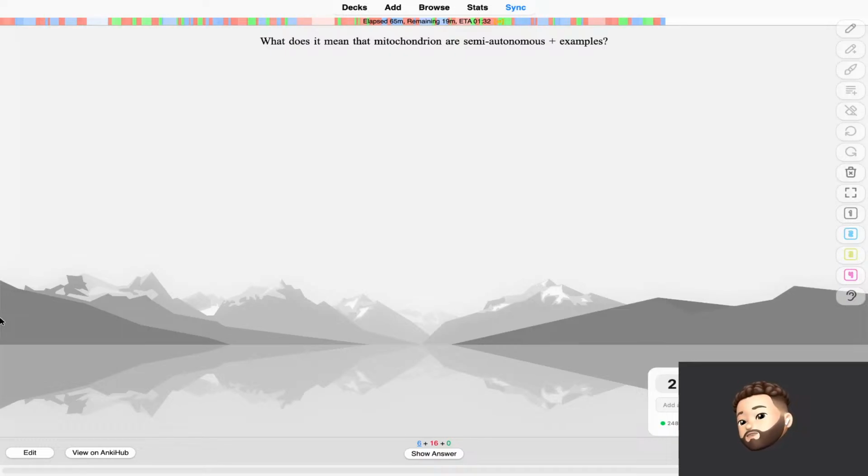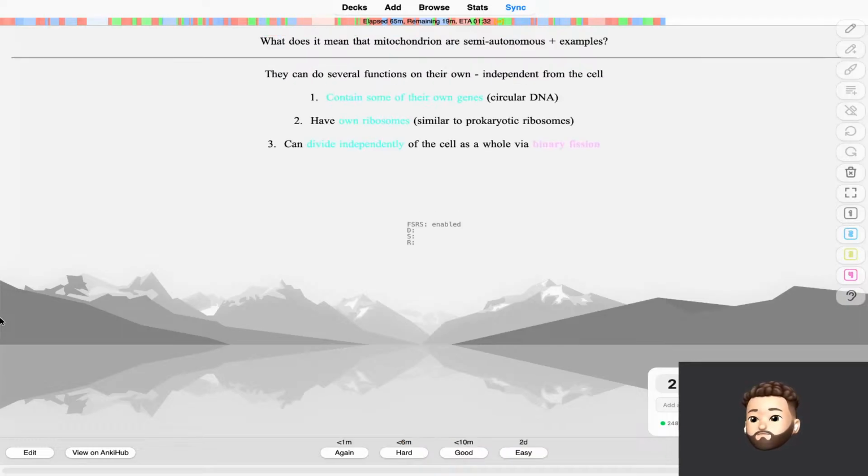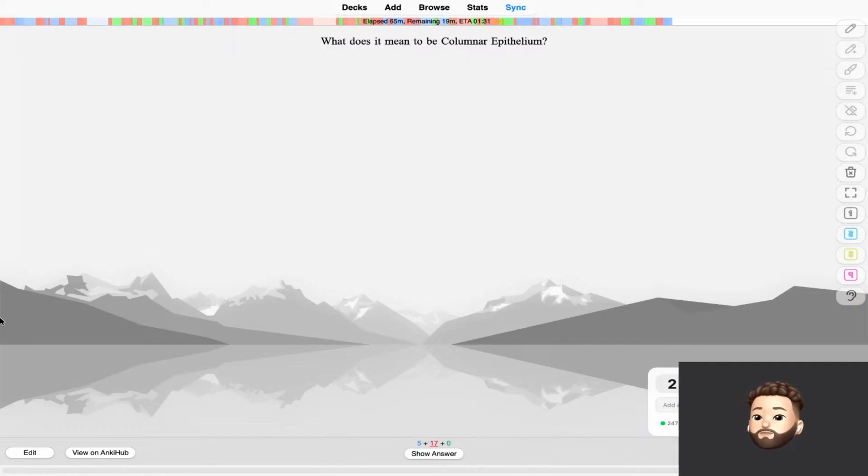What does it mean that mitochondria are semi-autonomous? Because they have their own DNA. They contain some of their own genes, have their own ribosomes, and can divide independently of the cell via binary fission. I didn't know that it could perform binary fission. What does it mean to be columnar epithelium?